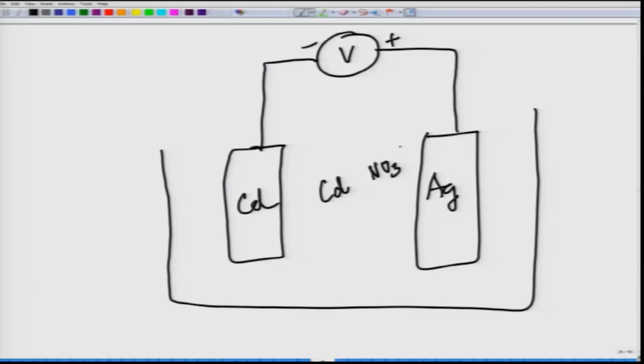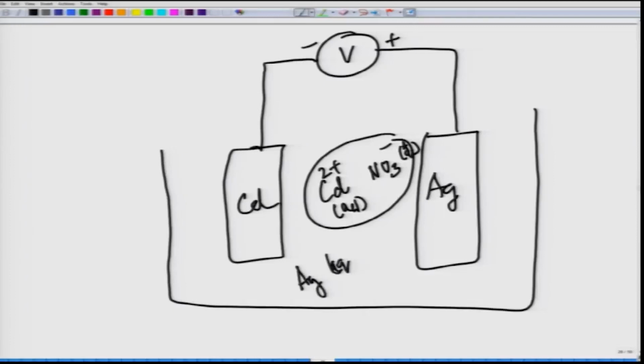CdNO3, which is aqueous, Cd2+ plus 2 NO3 minus, whereas the other electrolyte I am mixing is AgNO3, Ag+ plus NO3 minus, which is also aqueous.